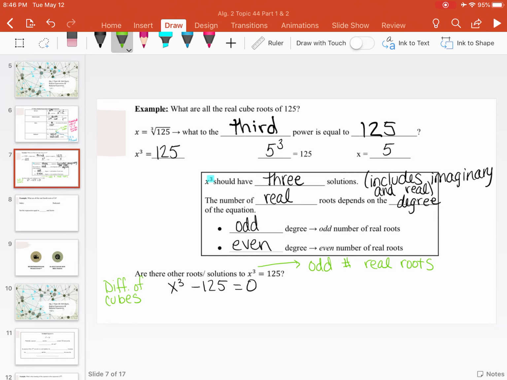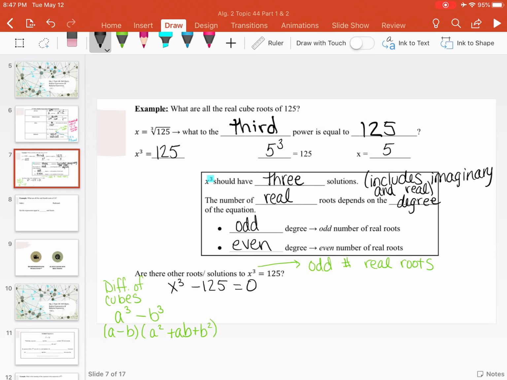If we have something in the format a cubed minus b cubed, we can break this down to be a minus b times a squared plus ab plus b squared.